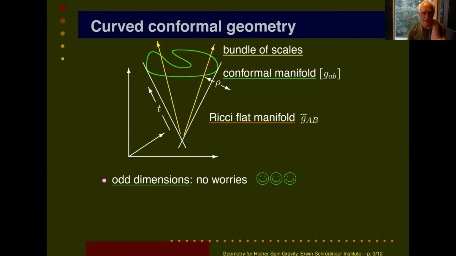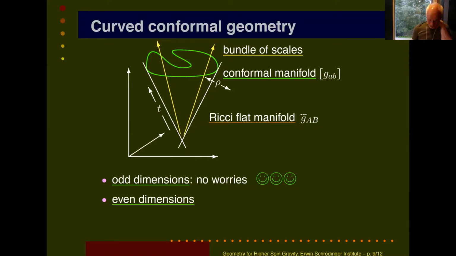So in odd dimensions, you get a complete formal power series to all orders. This is a really good way of relating conformal geometry to Riemannian geometry. With more work, you can even show convergence. You get a real genuine collar on your bundle of scales.